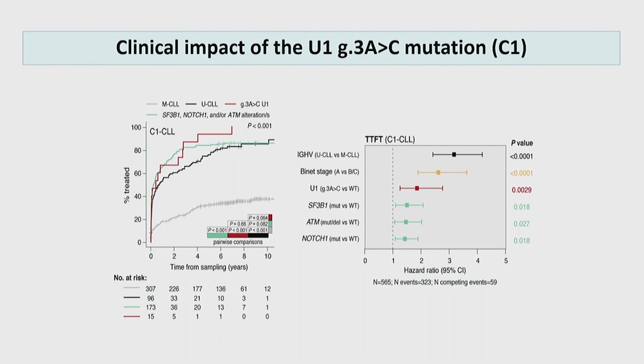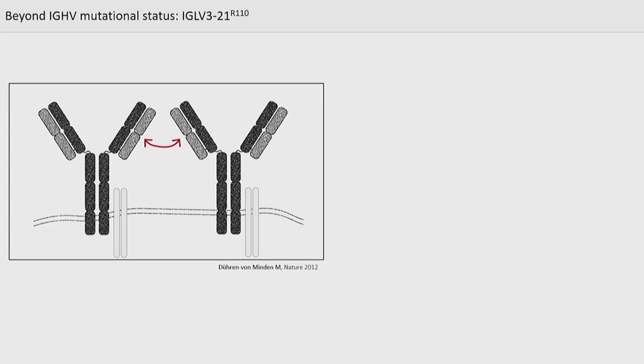And with this data, as you see, of more than 500 patients, the clinical impact in a multivariate analysis was independent of other stages. So we think it is a relevant mutation similar to the other ones. The problem is how to detect this mutation in clinical practice. But we have new information here.